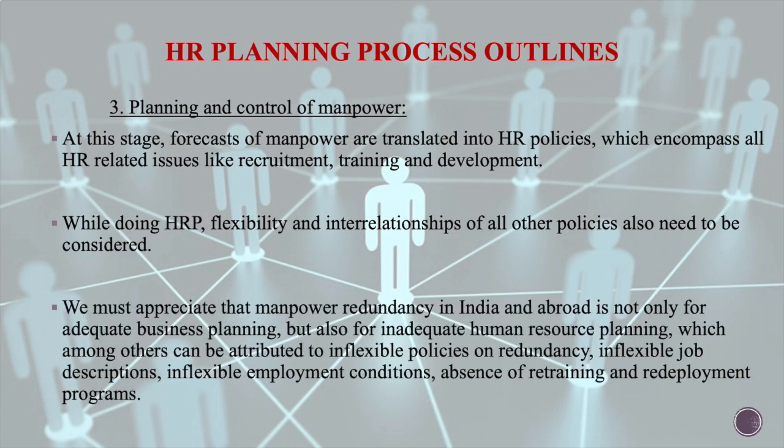We must appreciate that manpower redundancy for a country like India, for example, or many developing countries abroad, is due not only to inadequate business planning but also to inadequate human resource planning, which among others can be attributed to inflexible policies. As I said earlier, inflexible policies are in terms of redundancy, inflexible job descriptions, inflexible employment conditions, and absence of retraining and redeployment. The fourth point is called utilization, the final stage of the human resource planning process.